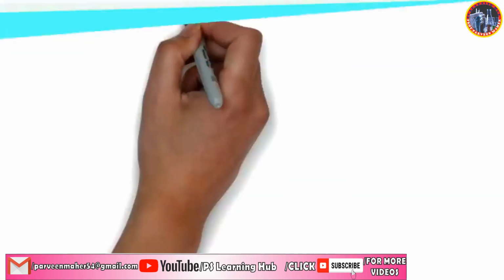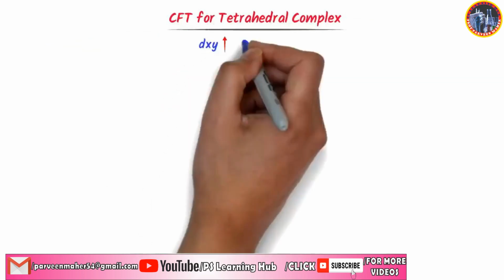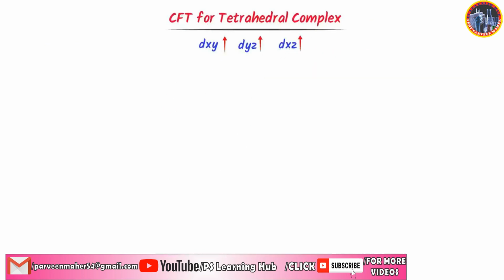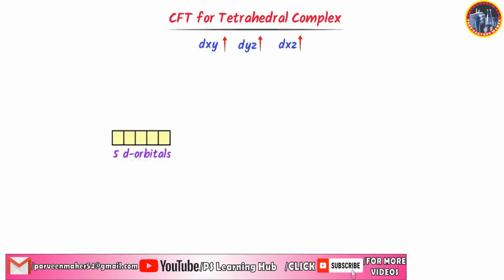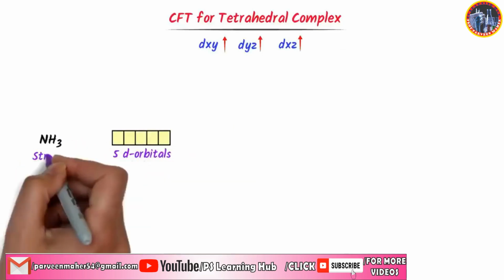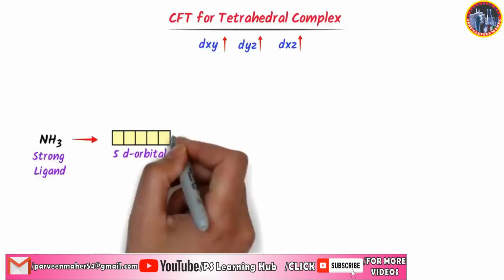Finally, let me teach you CFT for tetrahedral complexes. We already know that the energy of dxy, dyz and dxz increases in the case of an octahedral complex. Now consider 5 degenerate orbitals. Let a strong ligand like NH3 approach near these orbitals.